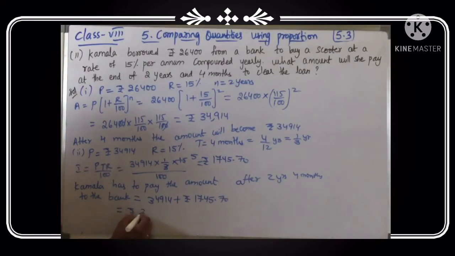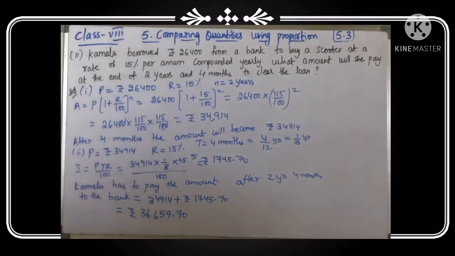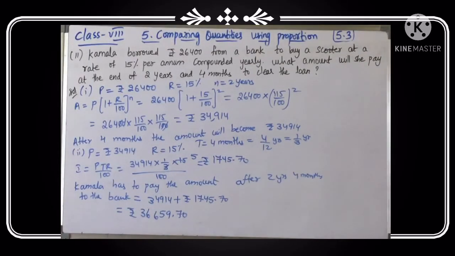So finally total answer is 36,659.70. That is 36,659 rupees 70 paise.